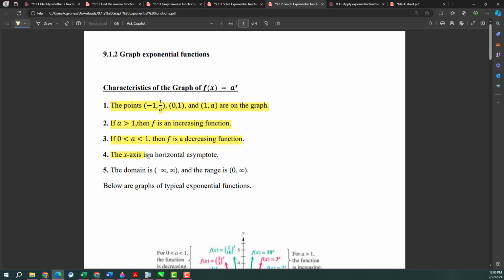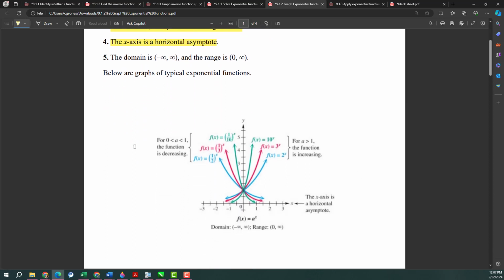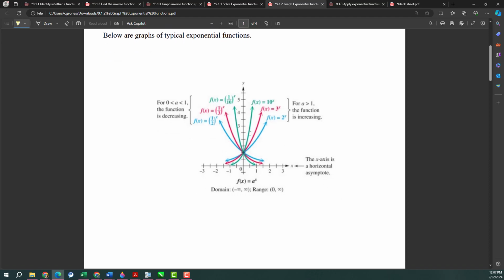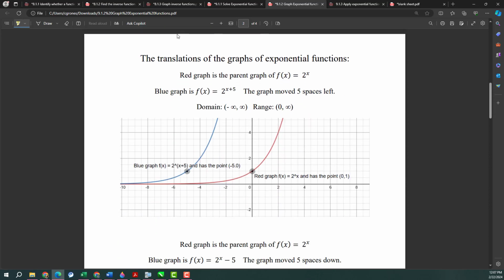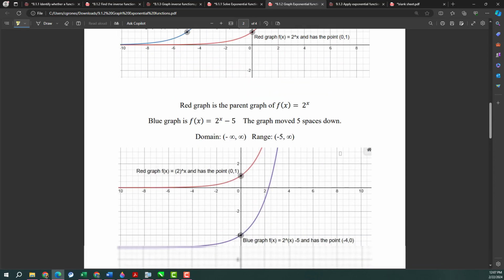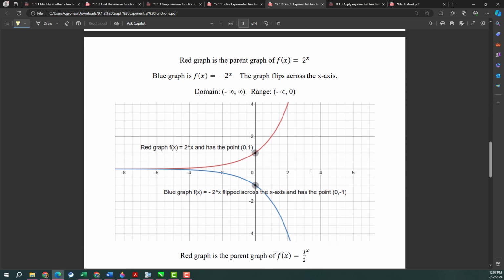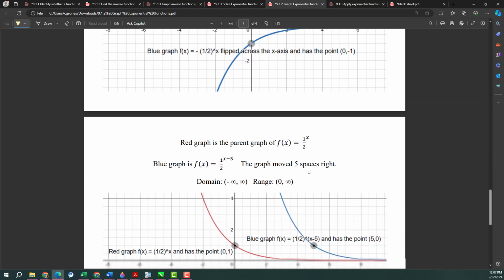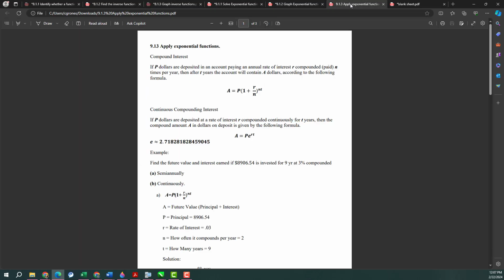The x-axis is a horizontal asymptote, and then there are the domain and the range. These are some of your typical exponential function graphs. And then we have translations, so shifts and reflections. These are just some examples at the bottom.